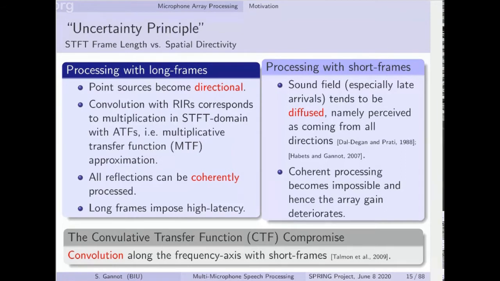However, the major benefit of using such long frames is that all point sources become directional, and all reflections that I discussed before are treated coherently.